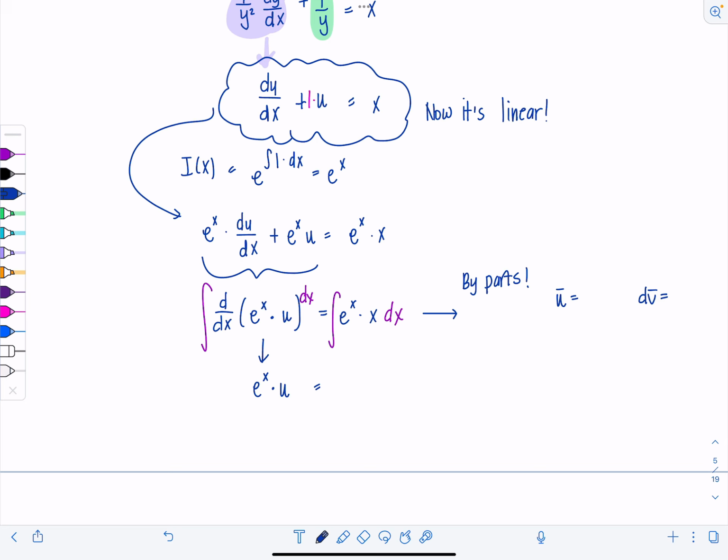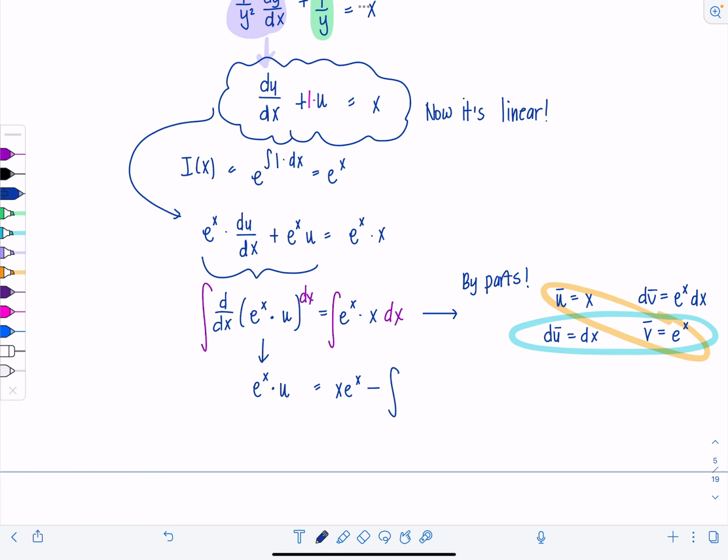So u bar is going to be x, and dv bar is going to be e to the x dx. So v bar is e to the x and du bar is dx. So this integral is going to be u bar v bar, x e to the x, minus the integral of v bar du bar, so e to the x dx.